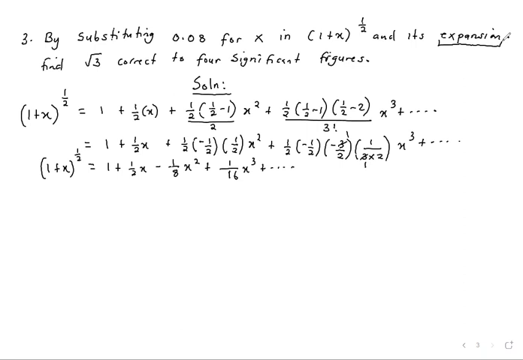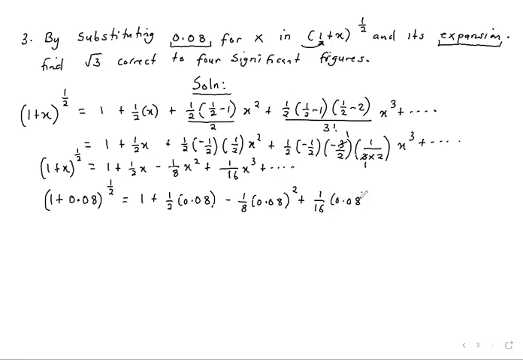So by substituting 0.08 in this one, where there is x, and in its expansion, when you add this, you get 1.08 power half, giving us 1 plus 0.04.